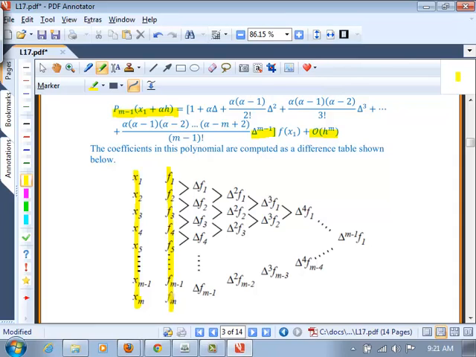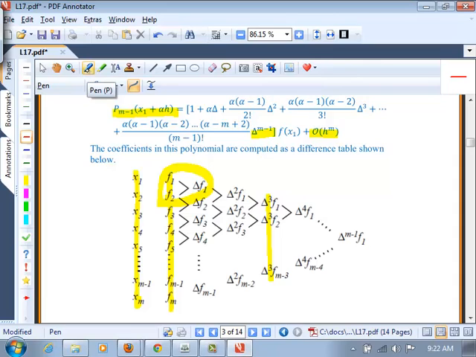The number of entries that it returns will be less than the number of entries that you put in by the order. So the first difference, delta F1, is calculated simply as F2 minus F1. Similarly, if you're calculating delta F4, you are using F5 minus F4 because it's a forward difference.